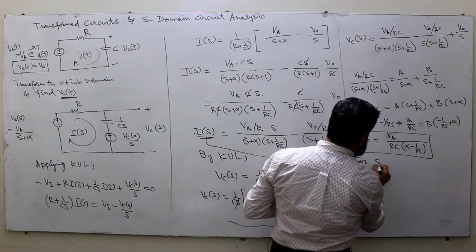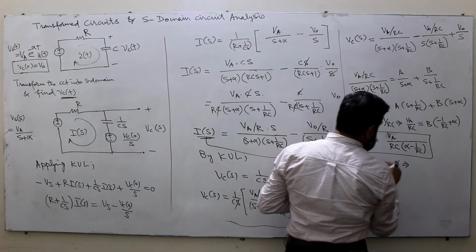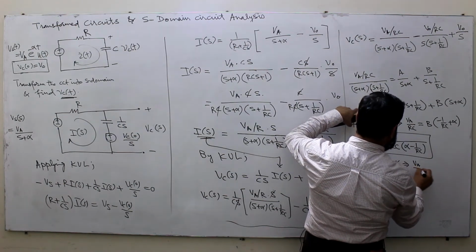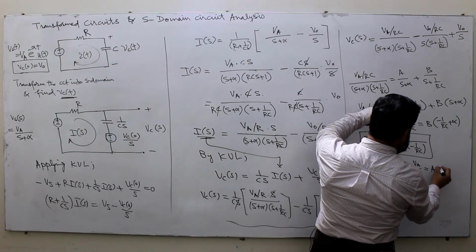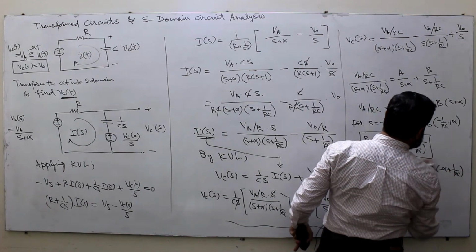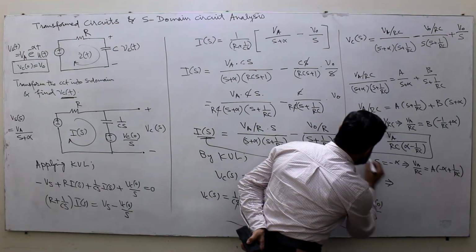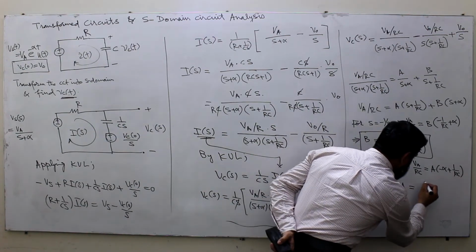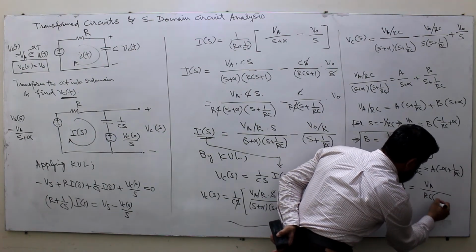For S is equal to minus alpha, this will help us to get the value for A. VA divided by RC is equal to A into S is replaced with minus alpha plus 1 over RC, and minus alpha plus alpha is 0, so we are going to get value of the A, which will be VA divided by RC, and this will go to the denominator on the other side.